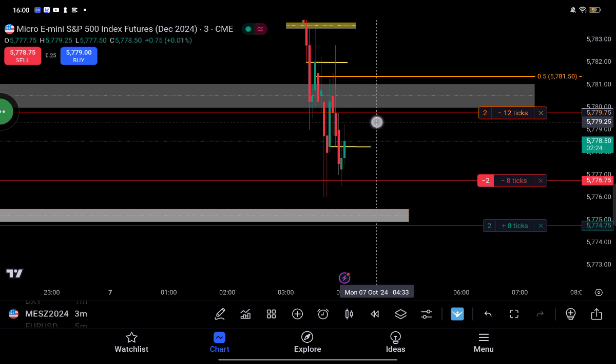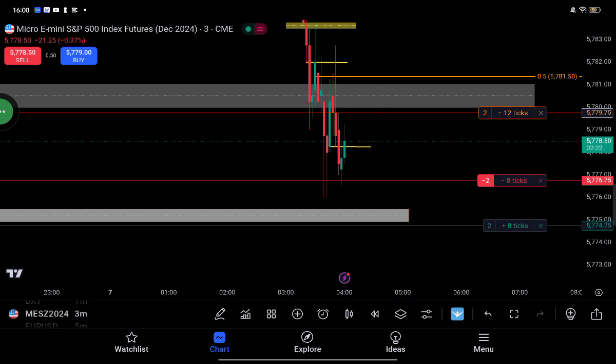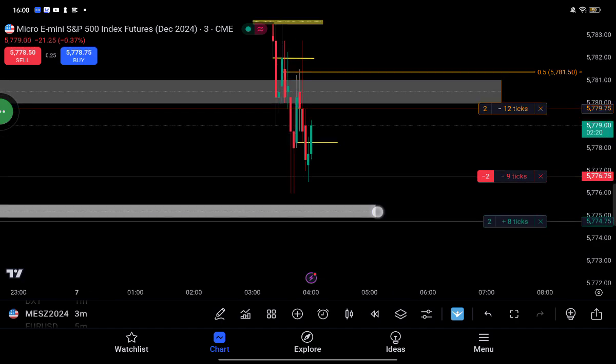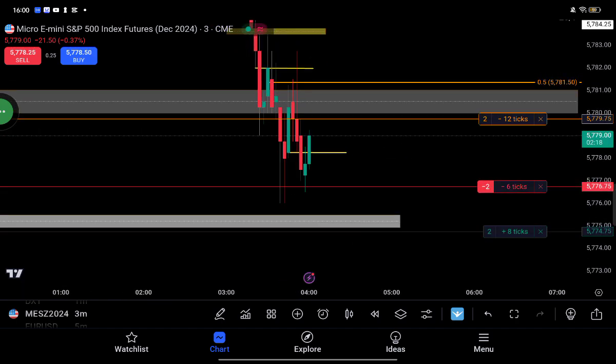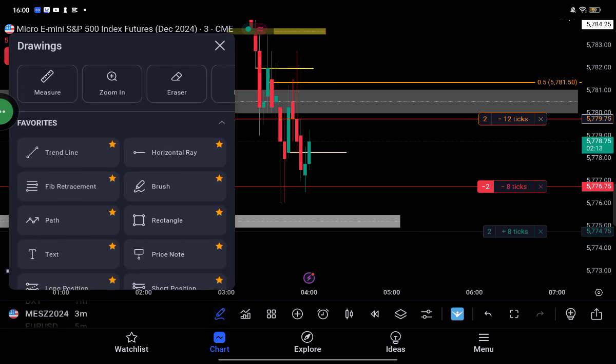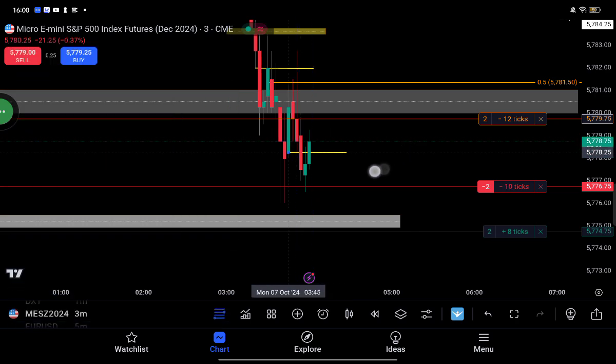Okay, it has to reject here now, lower. And this order block right here is what is holding the price now.